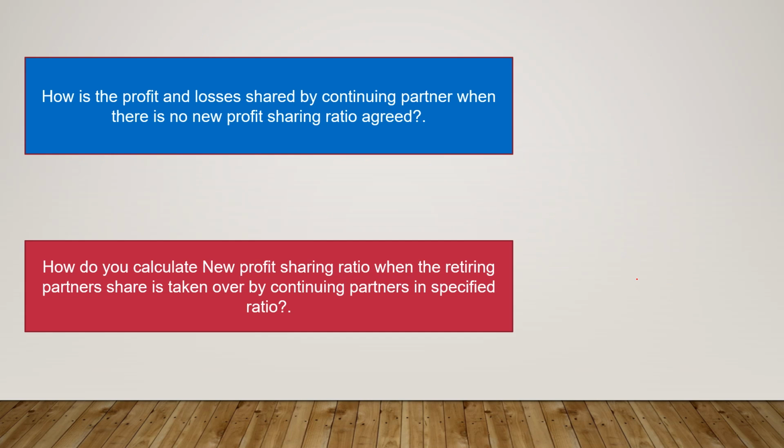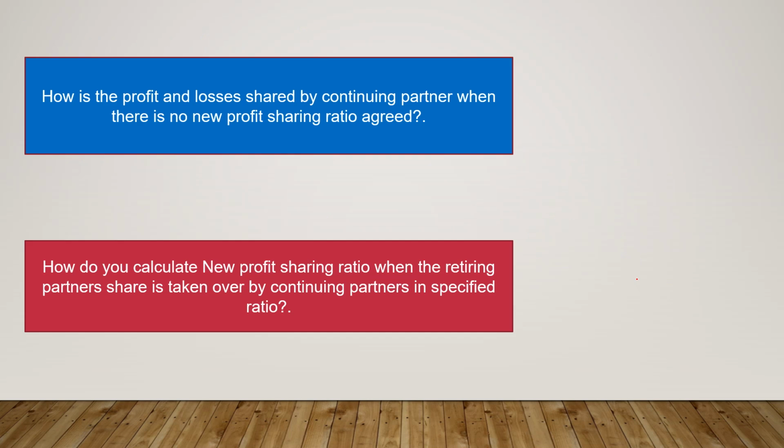Now before we close the session, we will do a quick recap of what we learned. So here are the two questions. If you are able to answer these, it means you've understood the concept. First one: how are the profits and losses shared by continuing partners when there is no new profit sharing ratio agreed?